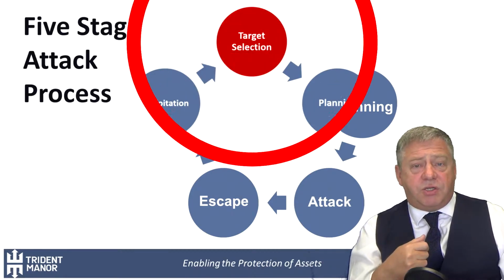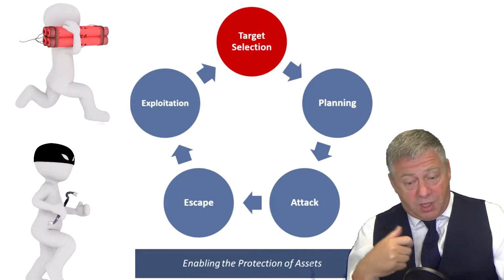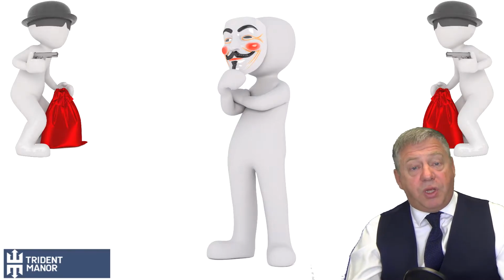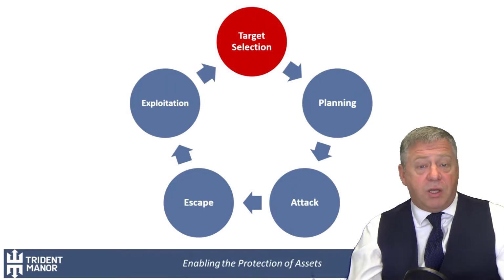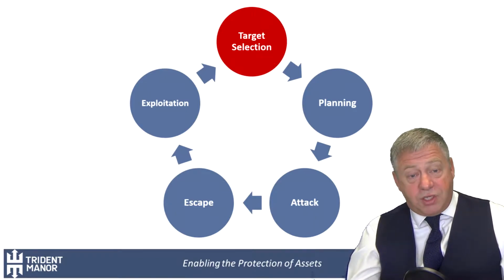The target selection stage is where, whether it be criminal or terrorist, that could be an organized crime group, an opportunistic criminal, or a planned terrorist attack. There are multiple reasons people will target an object or an organization.